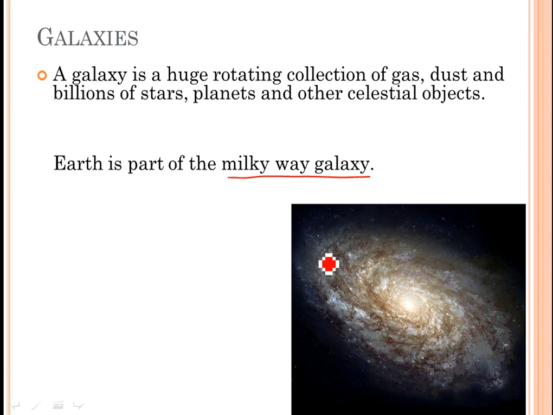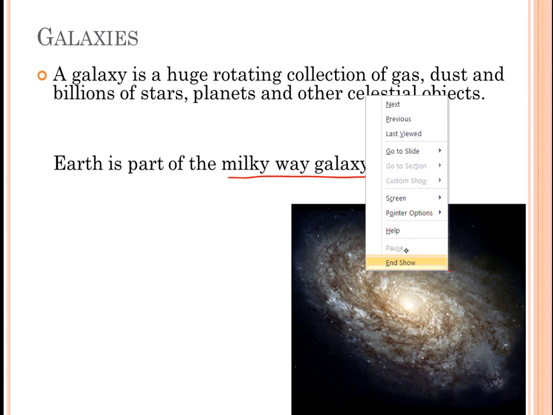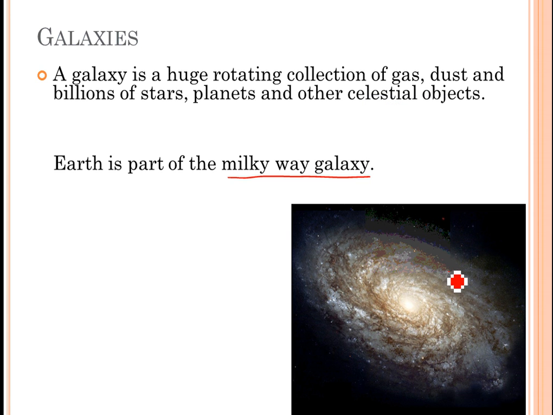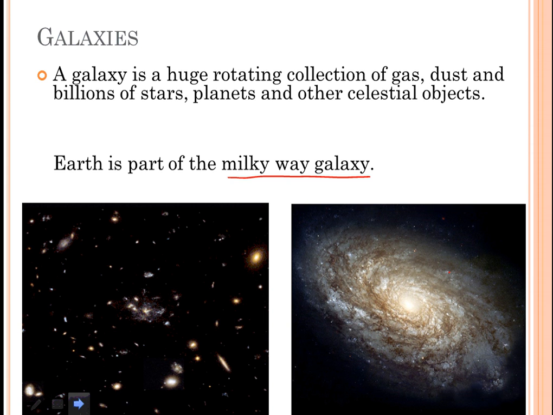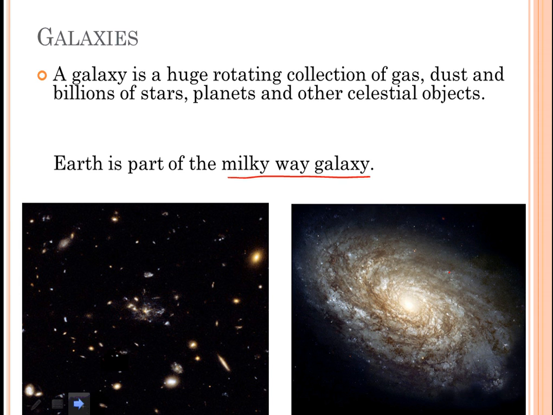Ours is a spiraling galaxy, and I don't know which arm from this diagram, but that red dot right there would kind of be our sun. Considering the size of the Earth compared to the sun, this is our sun in our big galaxy, and that's quite amazing. And these are just some pictures of all the other galaxies that exist out there.